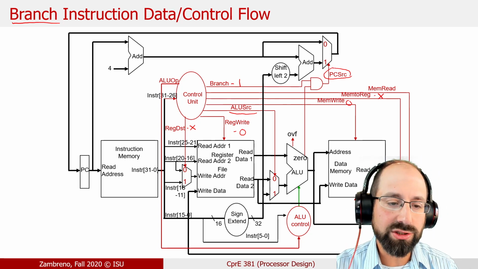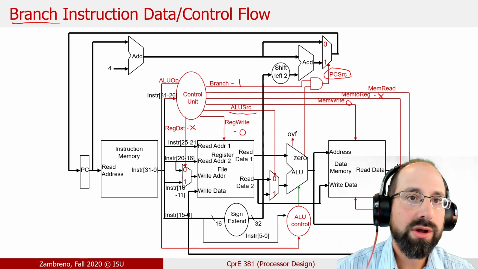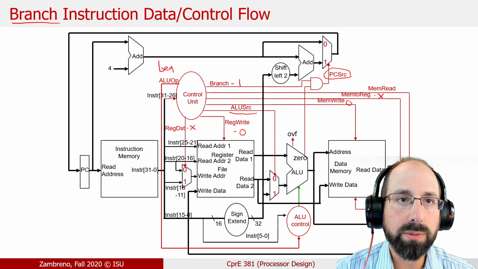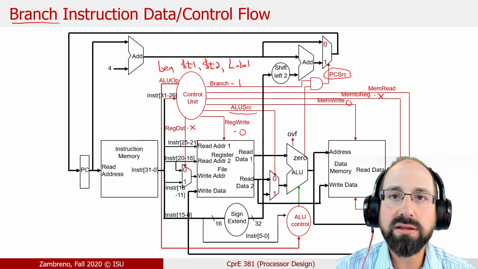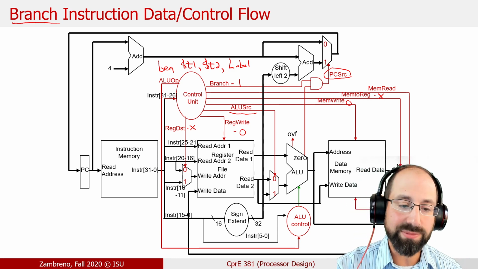So the branch instructions, if we're talking about branch equal or branch not equal, they take a form something like: branch equal, some register value, some other register value, and then some label. We do know the label is what's getting encoded as part of that immediate, right? So that's where the label comes into play.